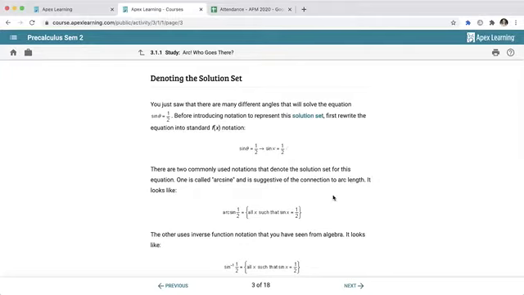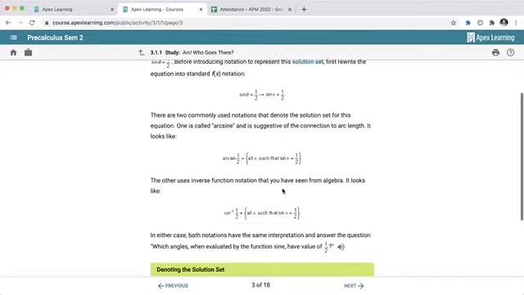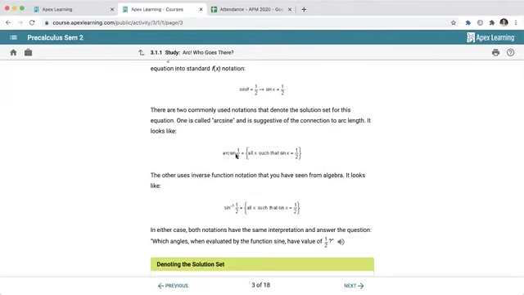Once we've got it in this form, there are 2 commonly used notations that we can use to solve this, and these are going to be those inverse functions. The first one is arc sine, or another way of saying arc sine is sine to the negative 1.